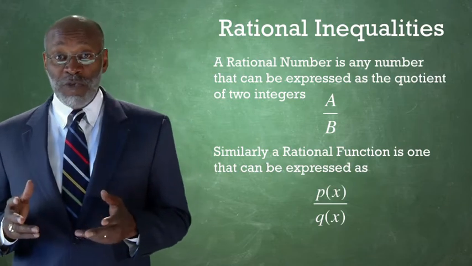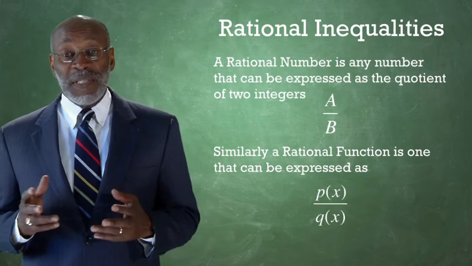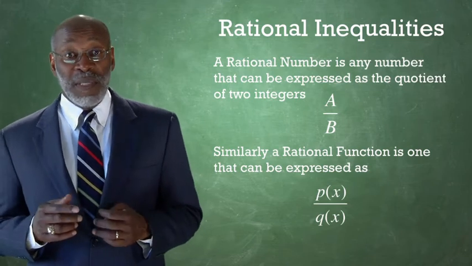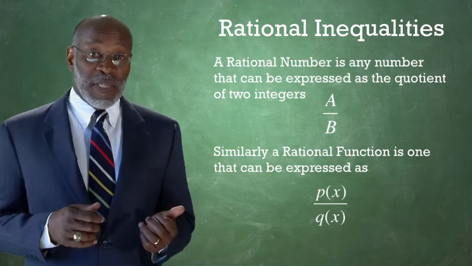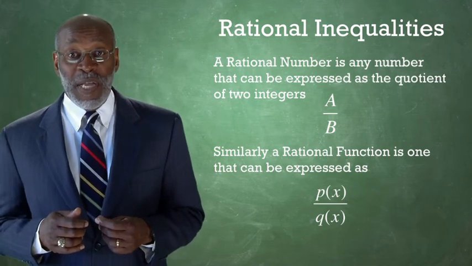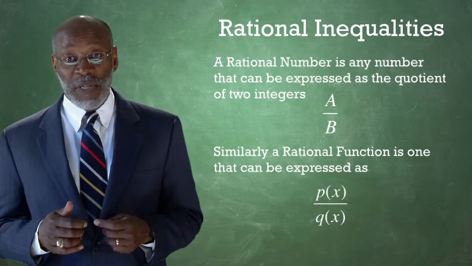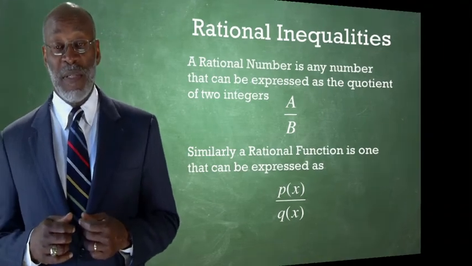Now, the first rule for solving rational inequalities is that one side of the inequality sign must be equal to 0. The other side of the inequality sign must be expressed as a single fraction in the form p of x divided by q of x.